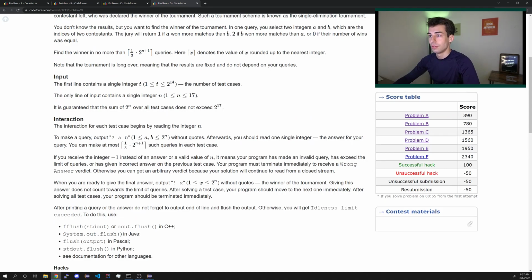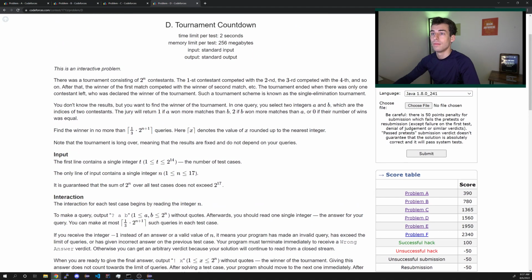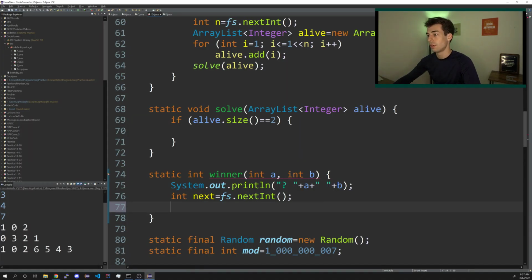It's 1 if A wins, 2 if B wins, or 0 if the number of wins are equal. Okay. So then return new int array of -1, A, B at next.